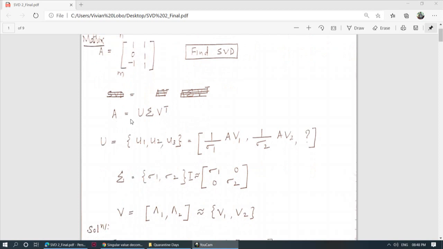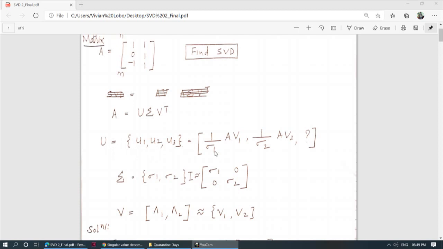As we all know, it can be split into three major components: U, summation and V transpose, where U and V are the unitary matrices which are orthogonal, and summation is the diagonal matrix. Here, because we have three rows, we are going to consider three values of U. So U is equal to U1, U2 and U3.